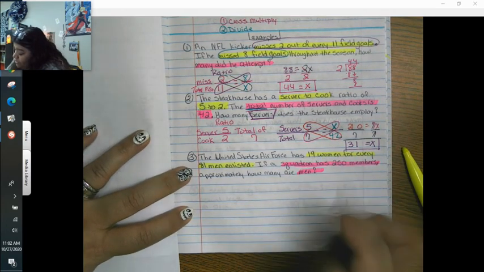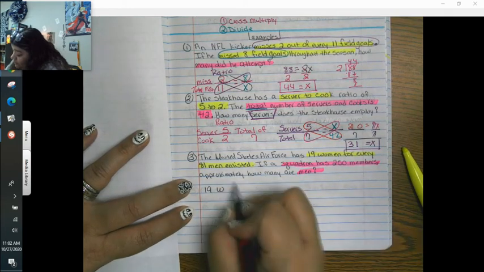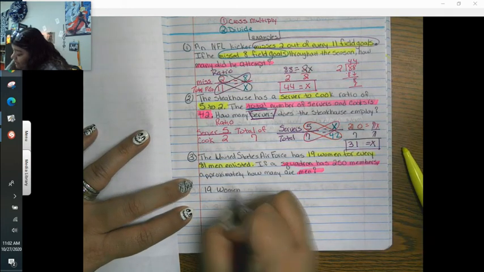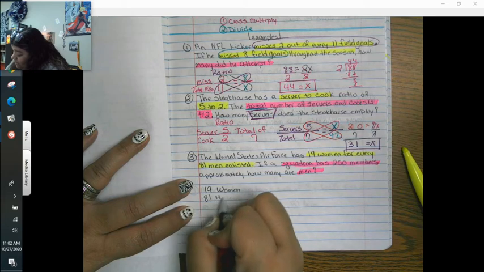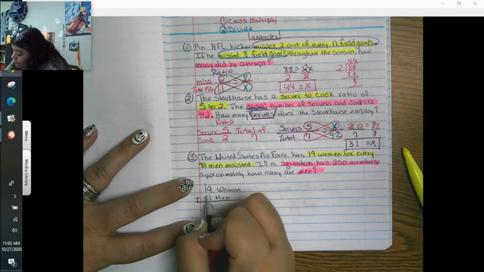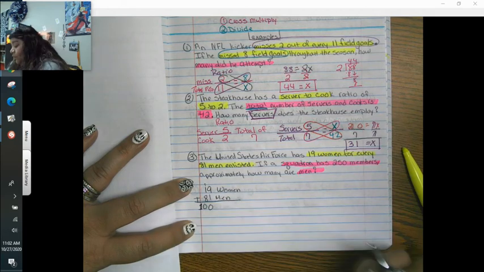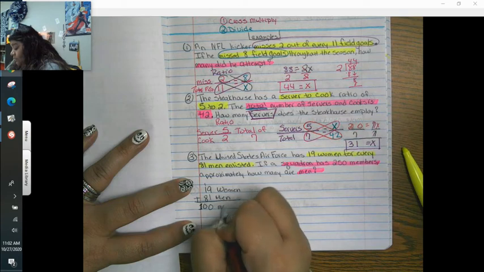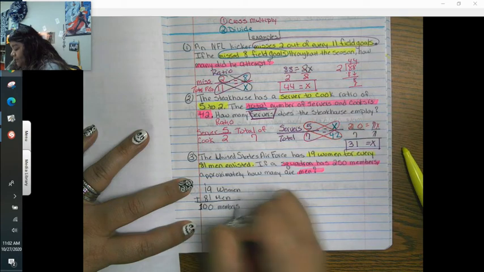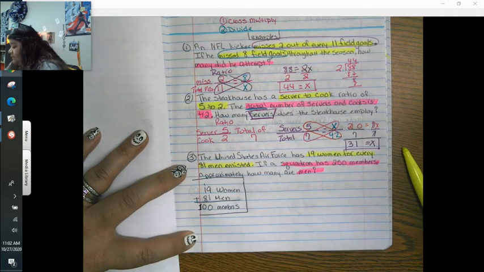So in my initial ratio, I have 19 women and I have 81 men, which gives me a total of 100 members. Okay. That is what is going to be given to us.